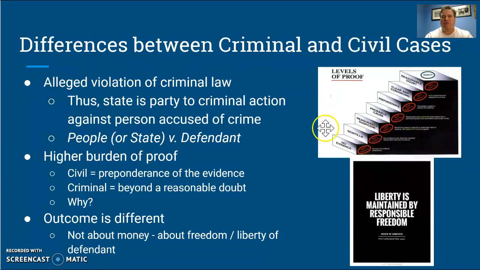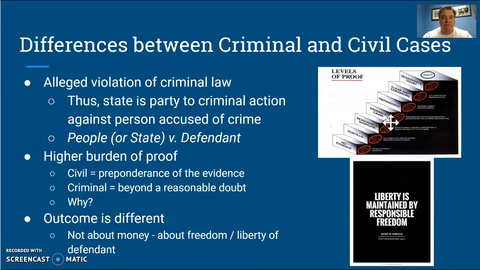As you can see over here, this chart shows the levels of proof. They're basically like a staircase. And we're going to refer to this a bunch of times in class because this is a fundamental idea that there are increasing levels of proof required in different matters based on the severity or importance of the issue. So you can see that reasonable suspicion, a hunch, is a lower burden of proof than probable cause.